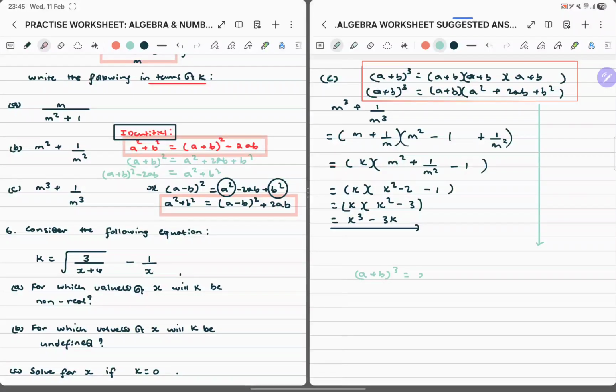Now we fold this out, we get a cubed, right?